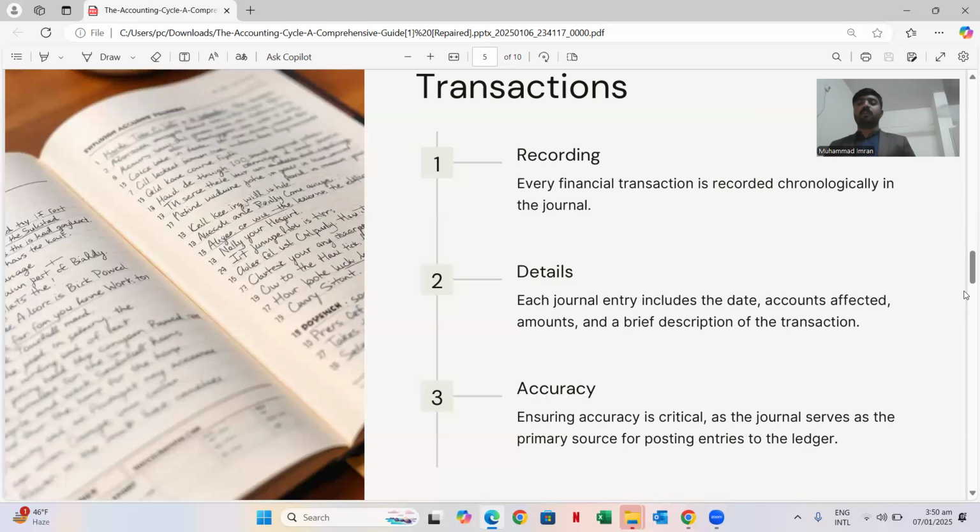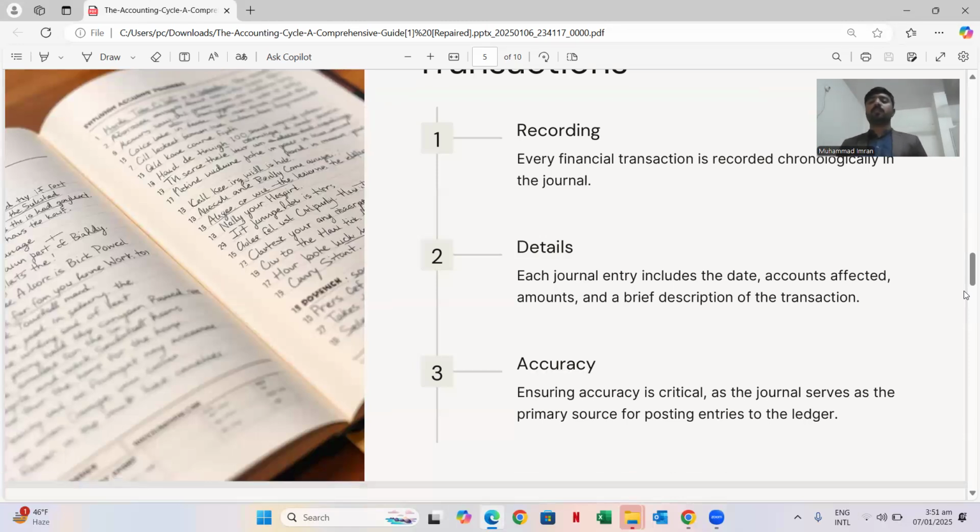For example, if we got a loan from a bank, the date of the loan is written, and the accounts affected are shown with the description that we got that amount of loan from the bank. This accuracy is critical, as the journal serves as the primary source for posting entries to the ledger.